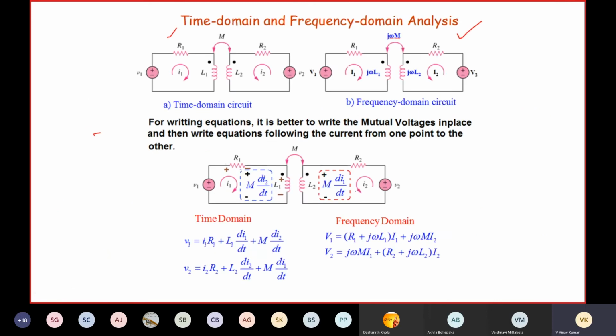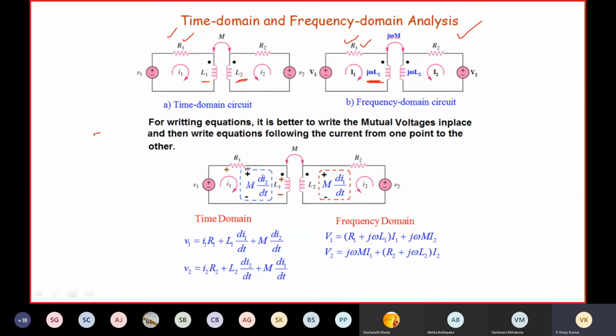Now here see, V1, here also V1. Z1 is equal to R1, that's why simply instead of writing Z1, it is written R1, which is independent of frequency, right? If it is L1, here it is j omega L1.